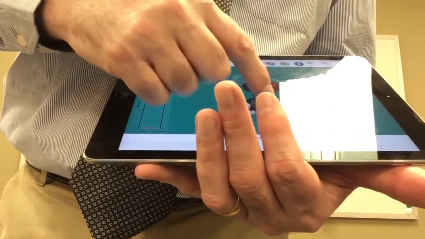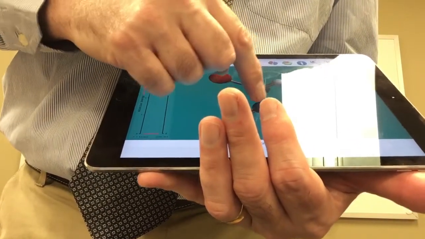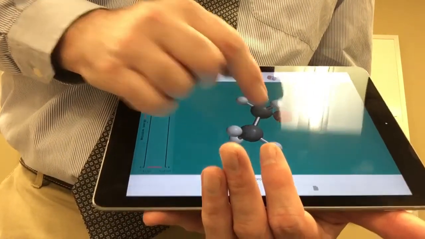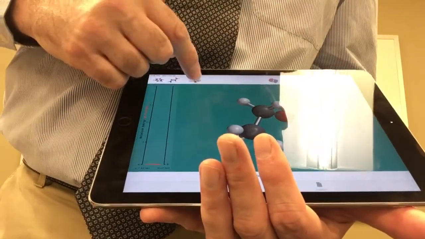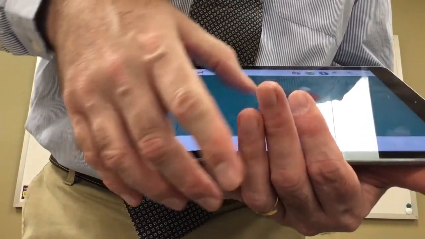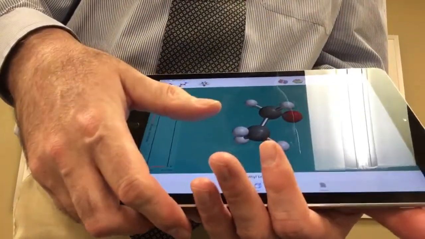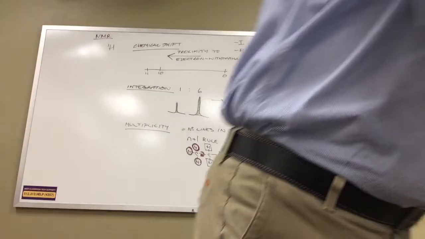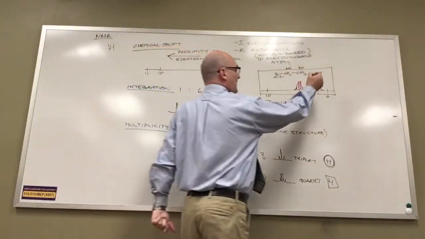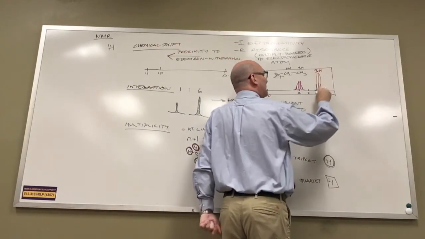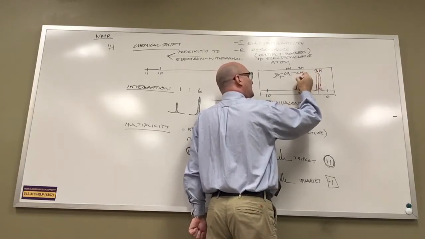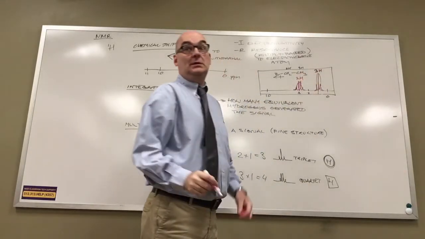No. I'm allowed to rotate that bond, which I can't quite do, 360 degrees, which means they're all the same as each other. Okay? And if they're all the same as each other, then they all give rise to the signal. And there are 3 hydrogens worth of signal here. There are only 2 hydrogens worth of signal here.